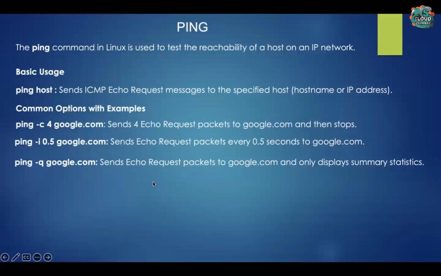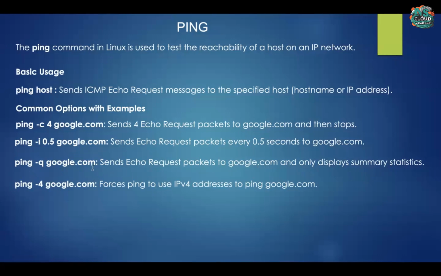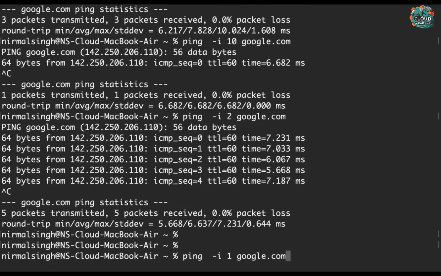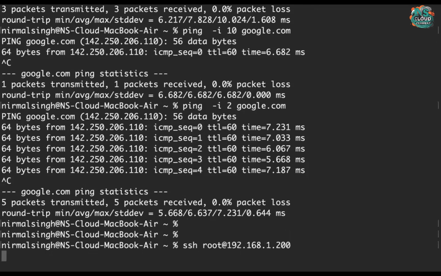And if you want quiet output, that means ping -q google.com. It sends echo request packets to google.com and displays only the summary. Let me log in on the server first.